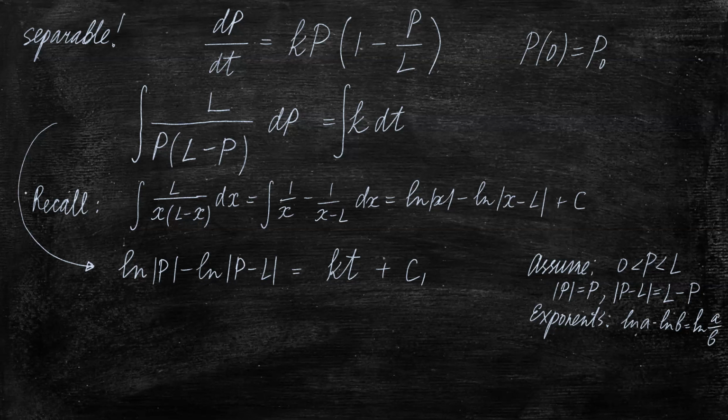So what we have here now is ln of P over L minus P, and on the right side we have kt plus C1. Next we're going to exponentiate both sides, so we have P over L minus P on the left, and on the right we have e to the kt plus C1.